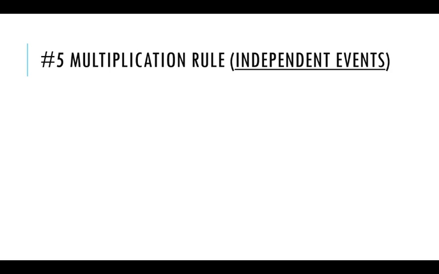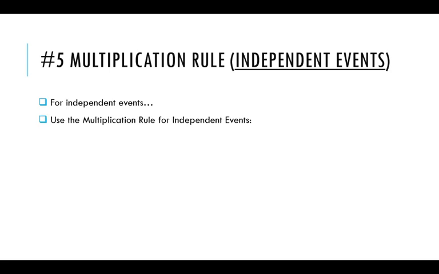Right now, I've underlined independent events, so let's keep it simple. For independent events, we need to use what I'm calling the multiplication rule for independent events. And it's very simple. It's simply the probability of A intersection B. How do I say that in non-stat language?